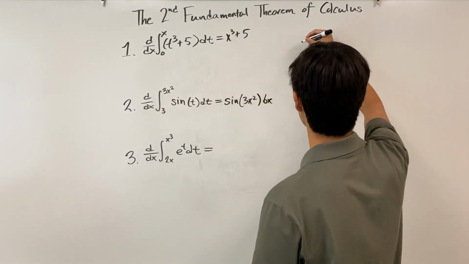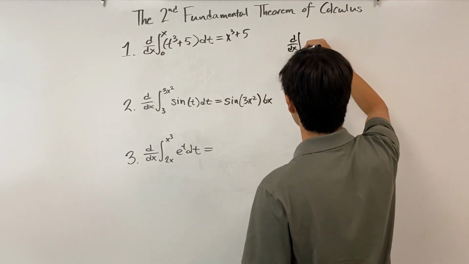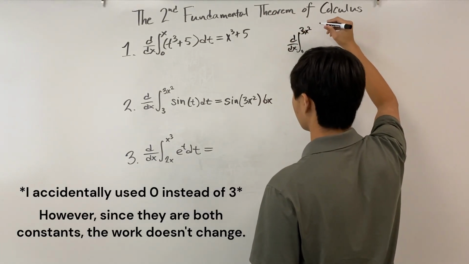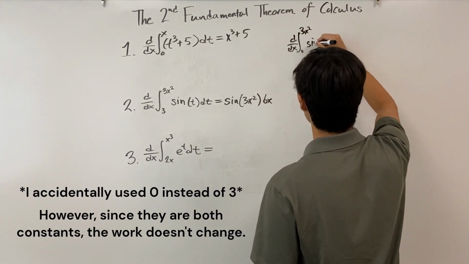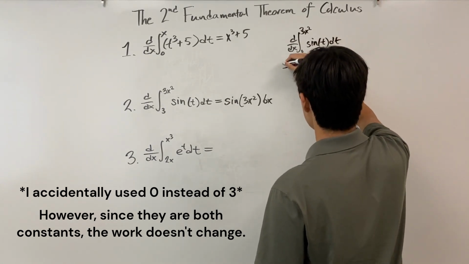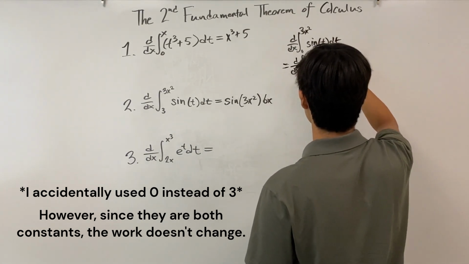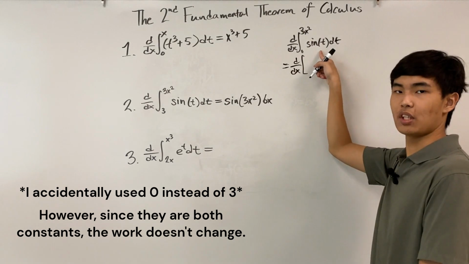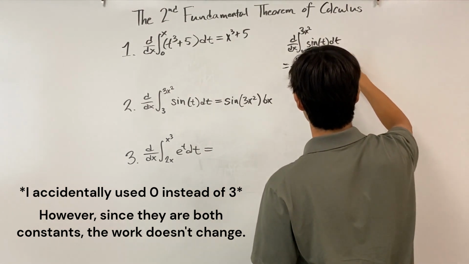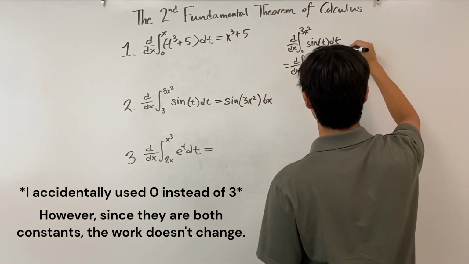So we have the derivative of the integral from 0 to 3x squared of sine t dt. Now the integral of sine is negative cosine. So we have negative cosine of t evaluated from 0 to 3x squared.